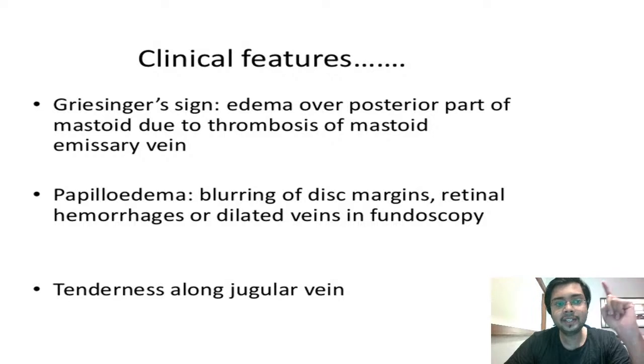So it is called Griesinger's sign and not Gradenigo syndrome. Both are from G, but don't confuse. This is a sign called Griesinger's sign, and that is a syndrome called Gradenigo syndrome.